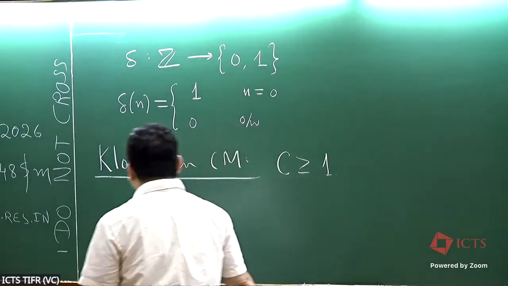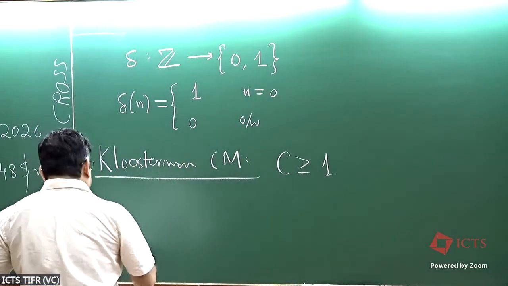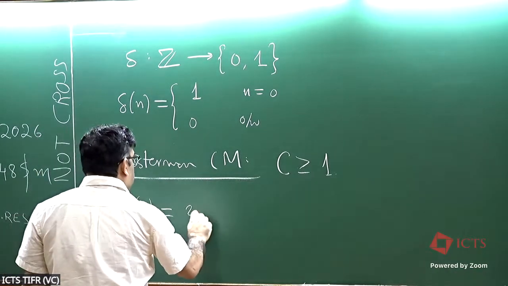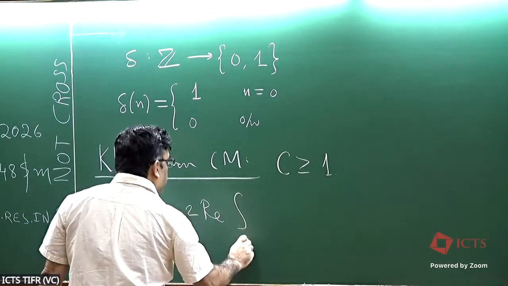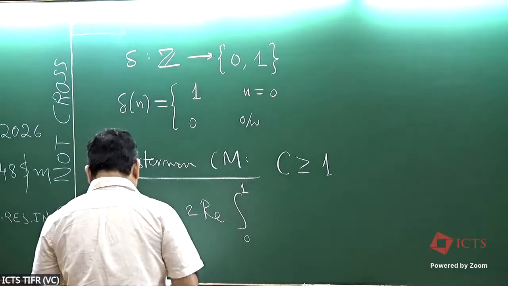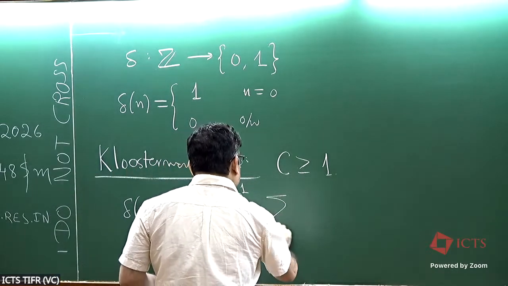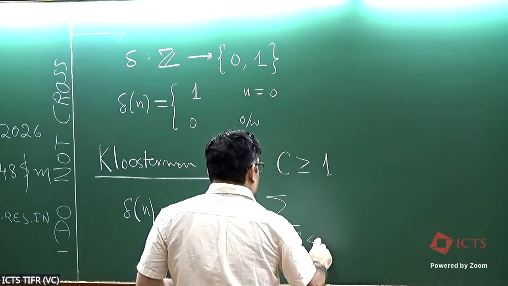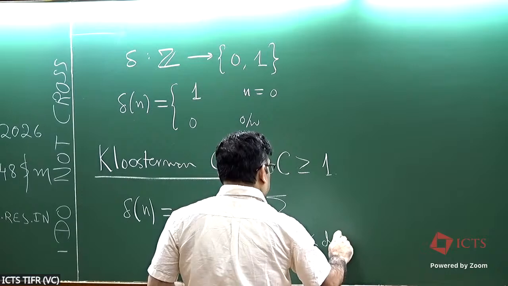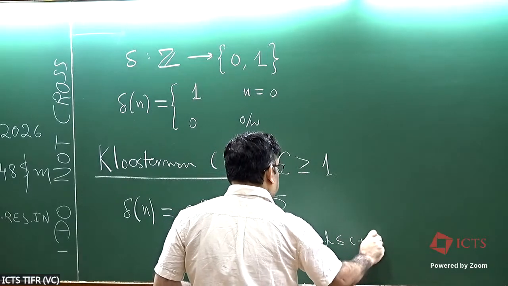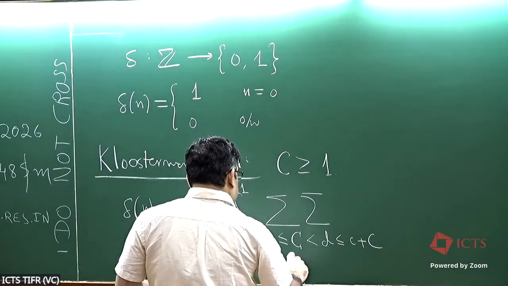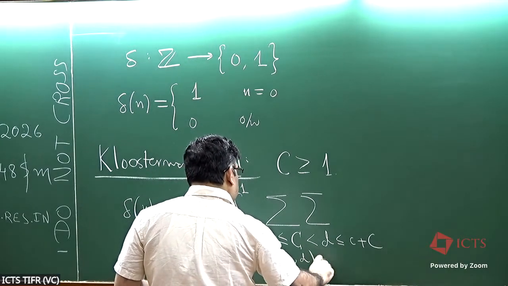For any C greater than or equal to 1, he showed that delta(n) is twice the real part of the integral from 0 to 1, of a sum over integers small c going up to capital C, and then a sum over d, the integers going up to small c plus capital C. So it's a double sum with the condition that c and d are coprime.